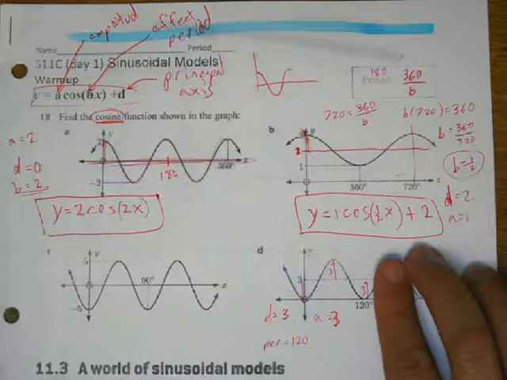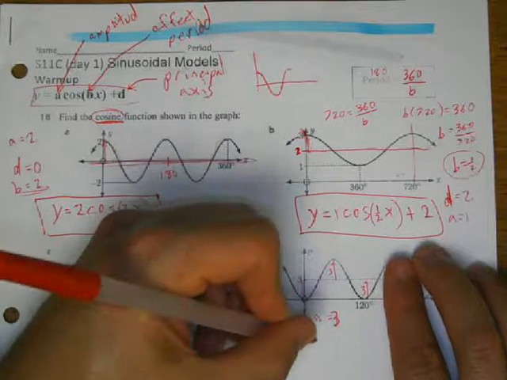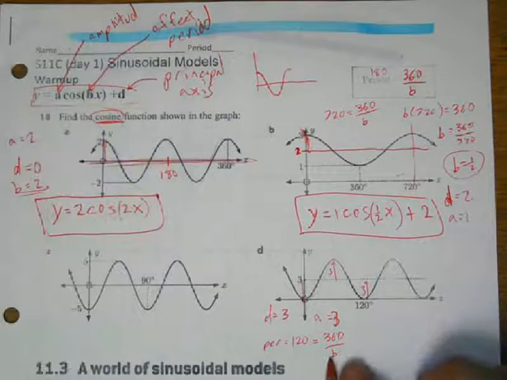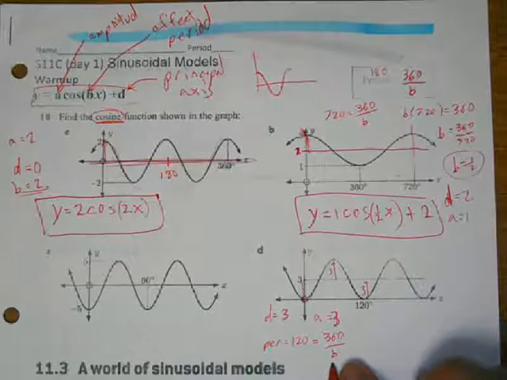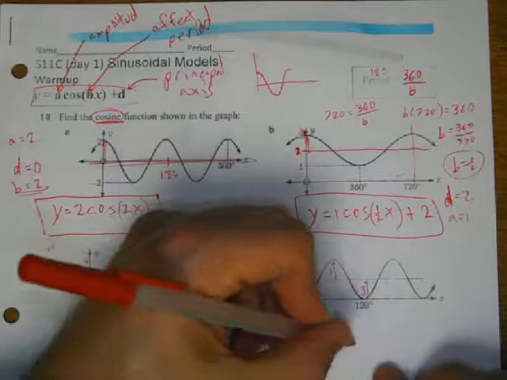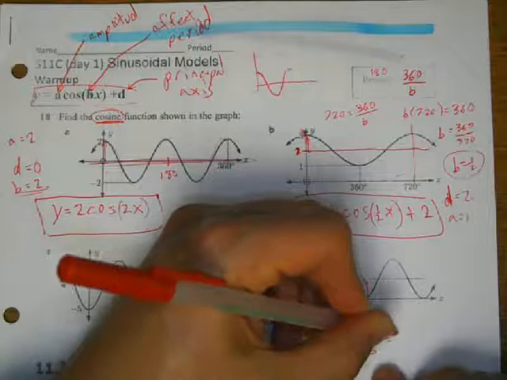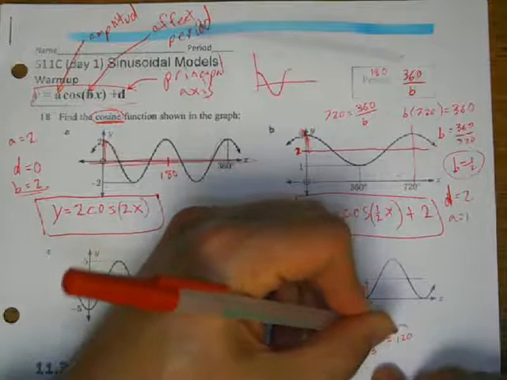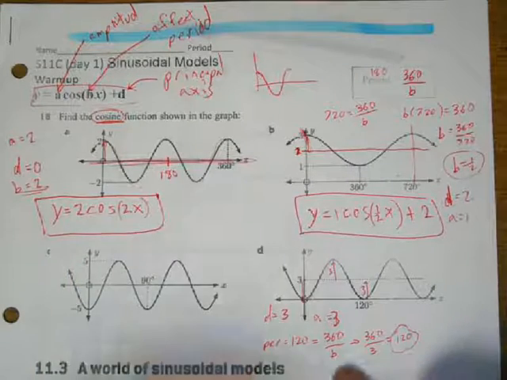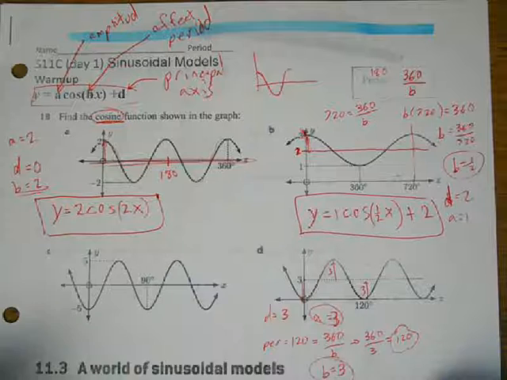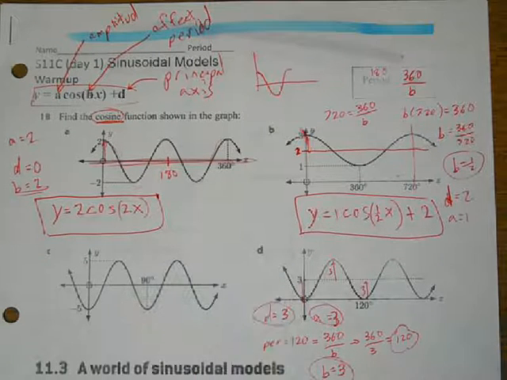So if I have 120 equals 360 over b, b is going to have to be 3, right? Because 360 divided by 3 gives me 120. Okay, so b equals 3, a equals 3, and d equals 3.